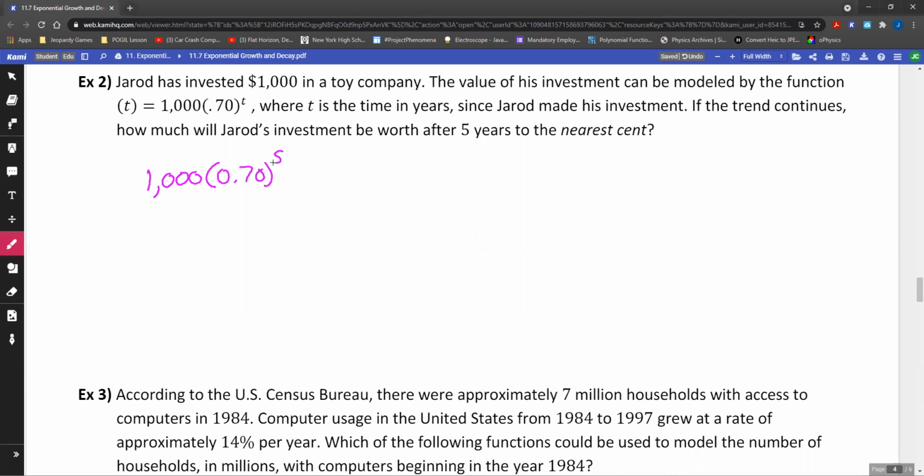And this will end up being 168.07. So essentially, he is starting to lose money, and he's losing money at a very fast rate. After 5 years, he'll barely have any money left.